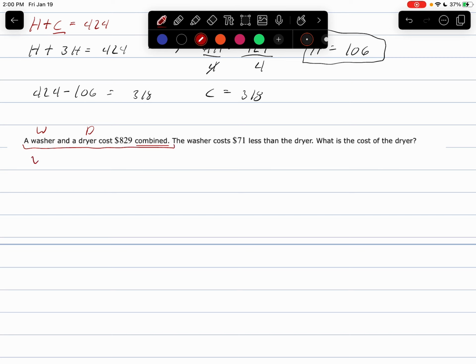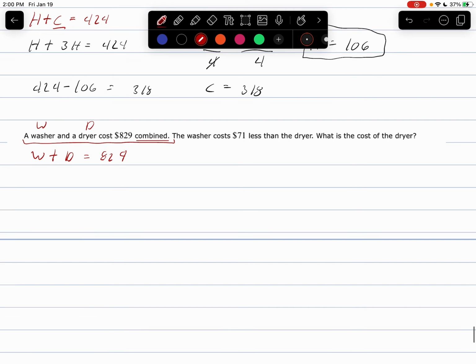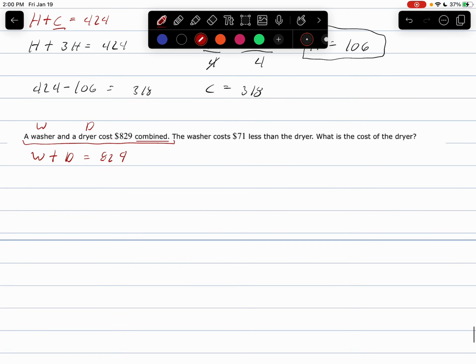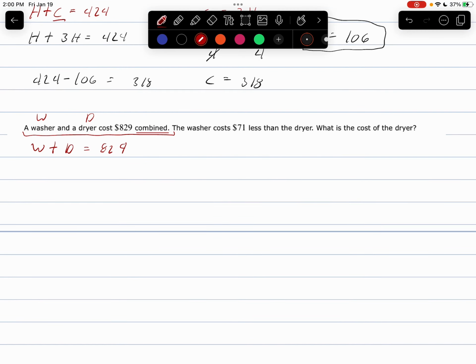So we can write this as W plus D is equal to $829. Okay. We also know that the washer costs $71 less than the dryer. So we know that the cost of the washer, W, is equal to the cost of the dryer minus 71.